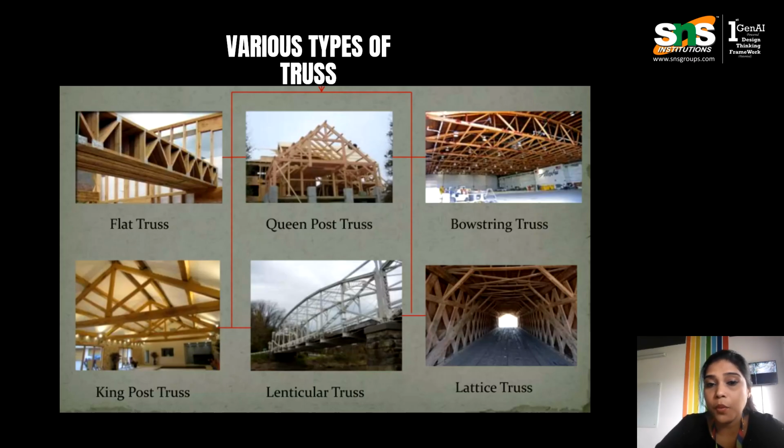And the queen post truss, which is typically cone shaped. Then the bowstring truss, which carries large loads and can be seen in warehouses. Then the king post truss, typically a kind of inclined roof with inclined top posts connected to each other.